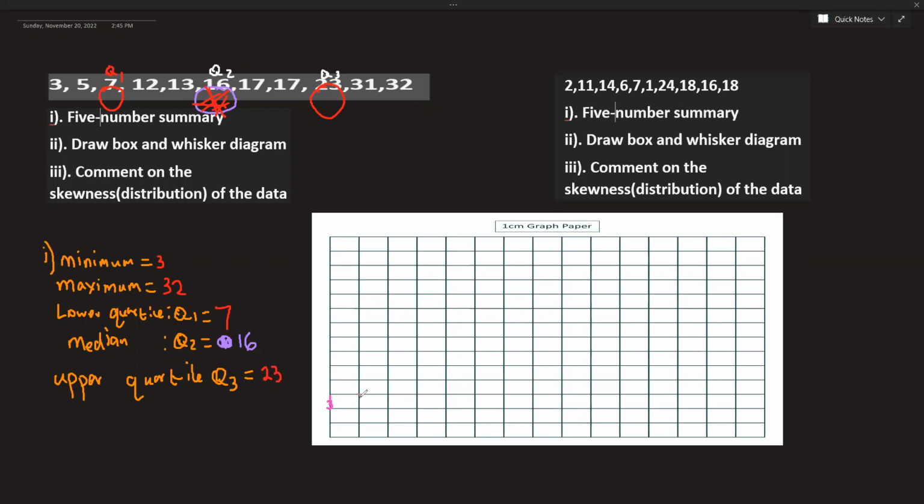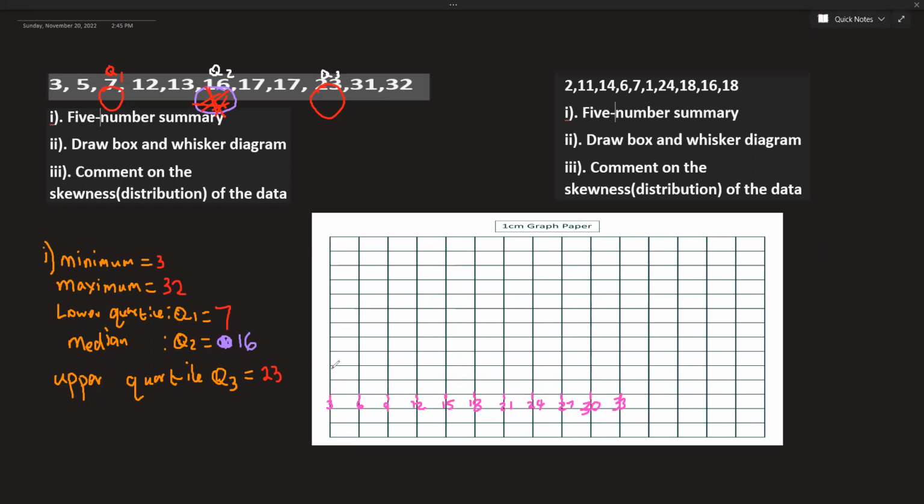Okay, 3, 6, 9, 12, 15, 18, 21, 24, 27, 30, then 33. Sharp.